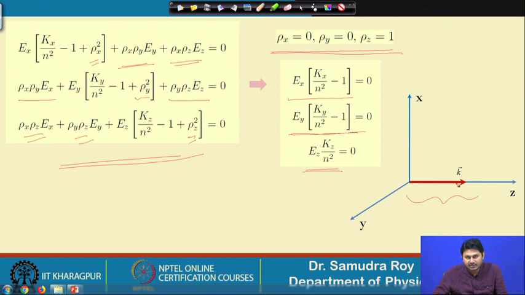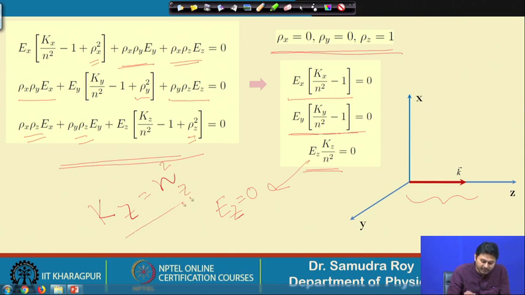That means my electric field has to be in the x-y plane, which is the plane perpendicular to k. From these three equations one solution we can figure out very easily: Ez has to be 0, because kz is not equal to 0 and n square is not equal to 0. kz is related to the refractive index, nz, which is the refractive index along the z direction, so it will never be 0.